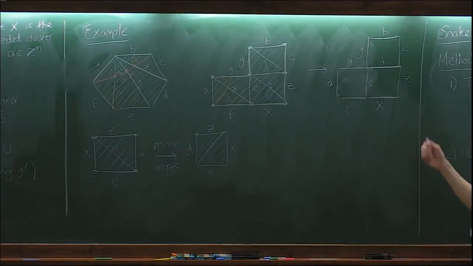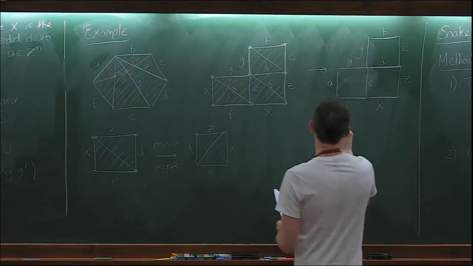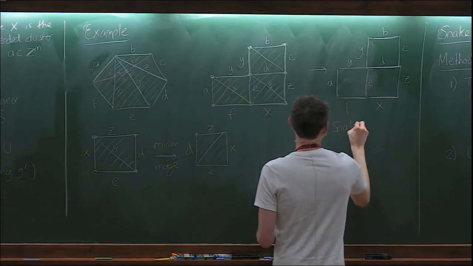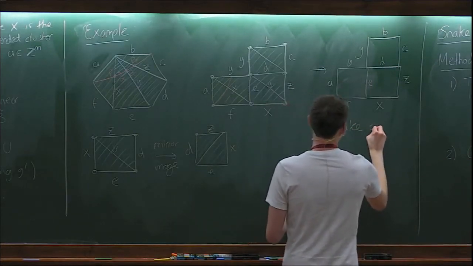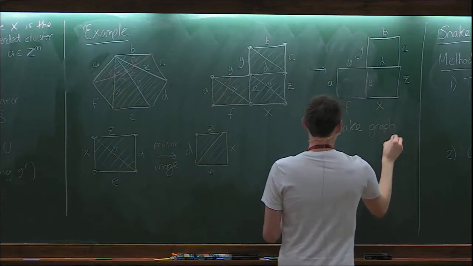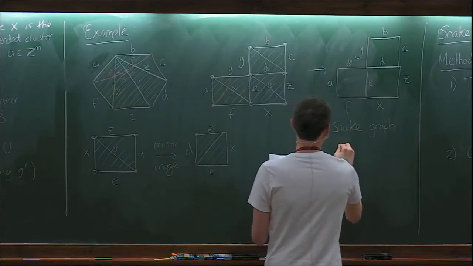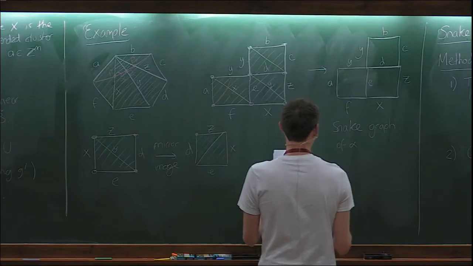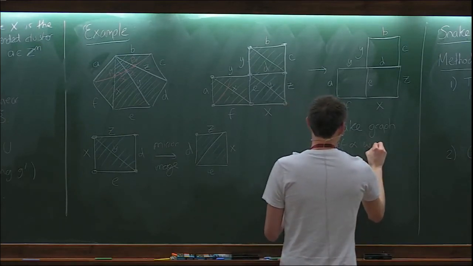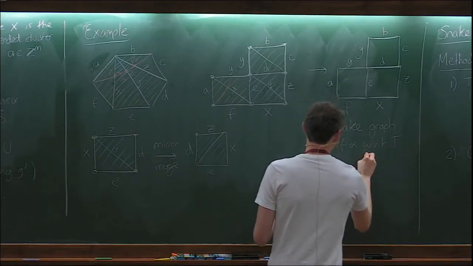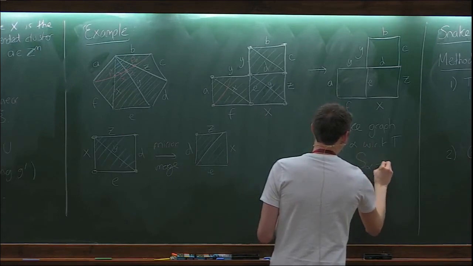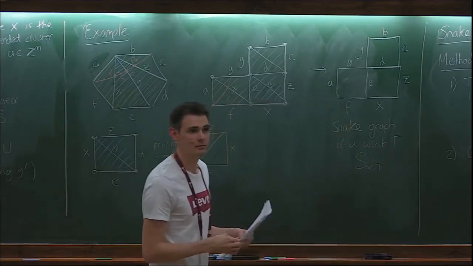So this would be our snake graph, and we'll use some notation. The snake graph of alpha with respect to the initial triangulation is S gamma t. Okay.